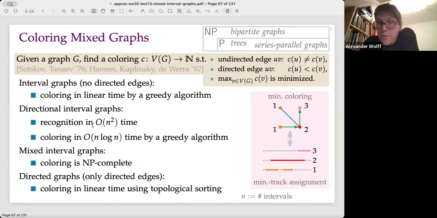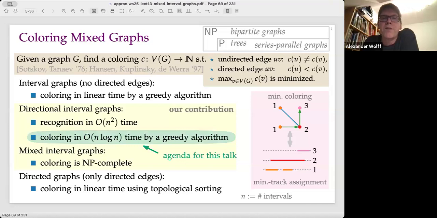So the restriction to this geometric setting makes the problem indeed simpler. And what I want to show you now in the first half of my talk is the greedy algorithm for coloring.